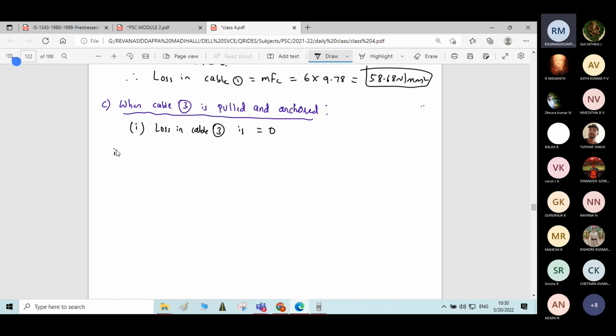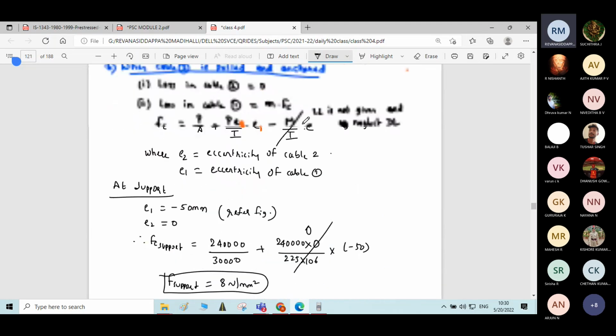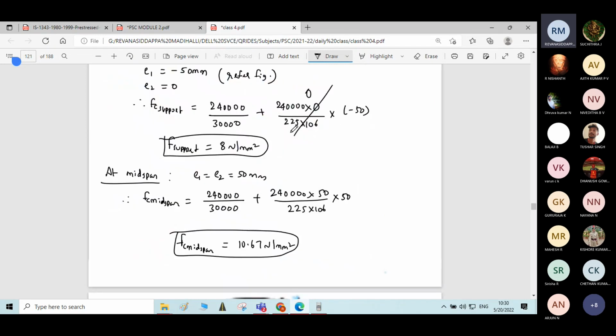Second one, loss in cable 2 is equal to m into FC, where FC is equal to P by A plus PE by I into E. The third term is 0 because moment is 0.